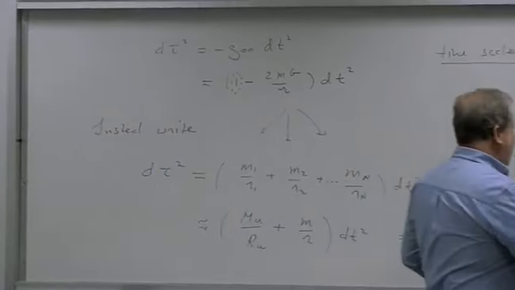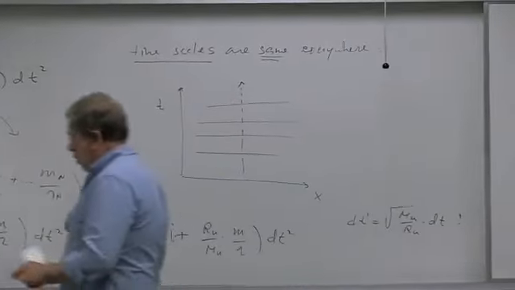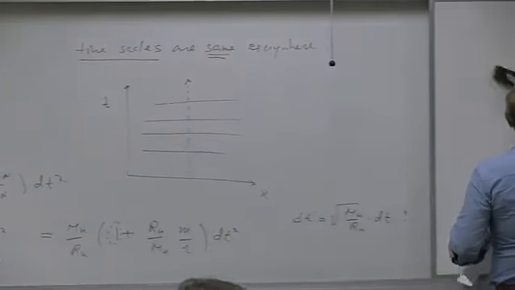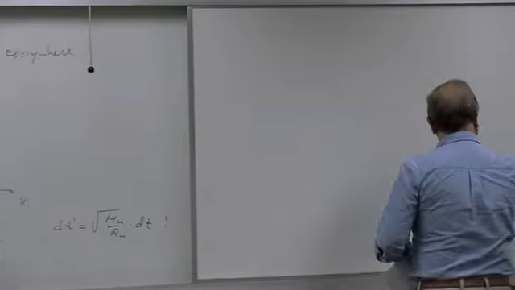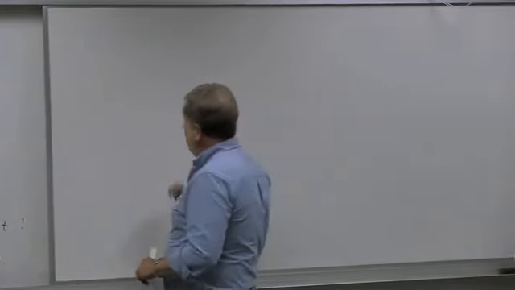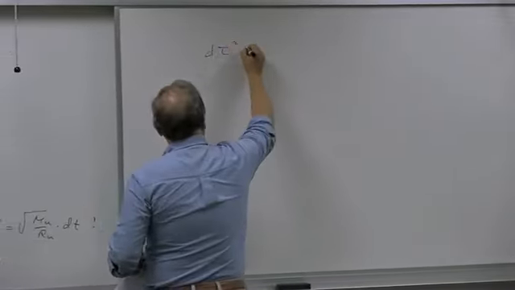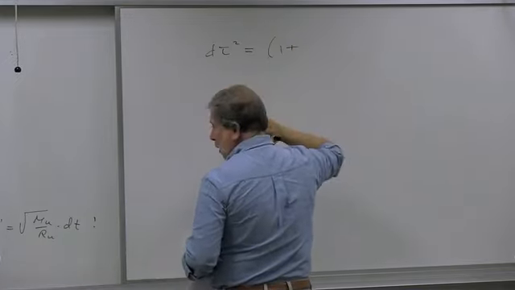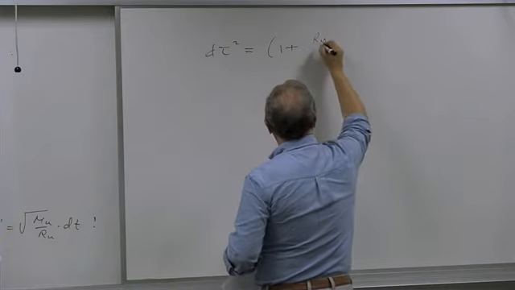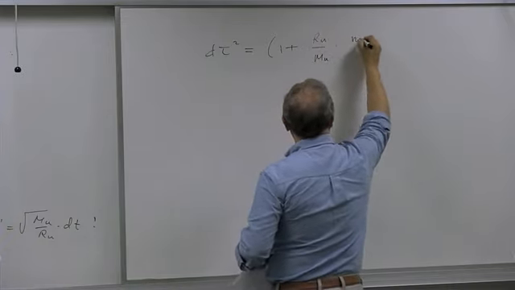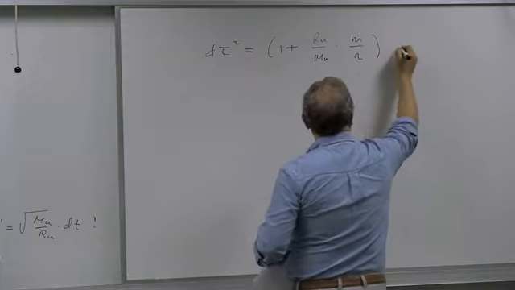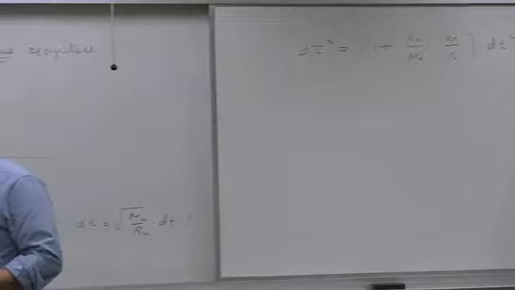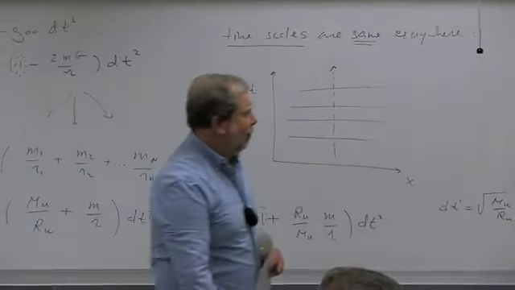And so we end up with d tau squared equal to 1 plus ru over mu times m over r, times dt squared. In other words, I called it dt prime, I called it back dt, and so I'll have that.